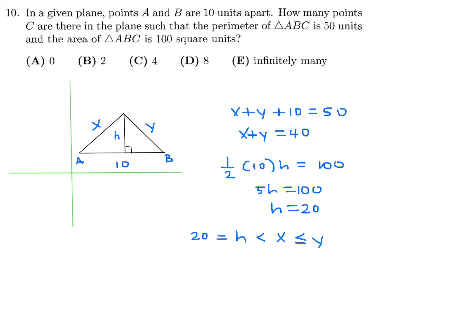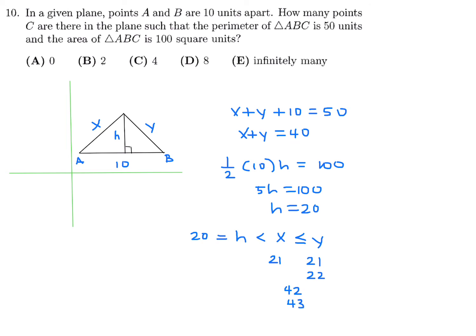If x is greater than 20 and y is greater than or equal to x, there's no way we could get x plus y equal to 40. For example, if h is 20 and x is greater than that, let's say it's 21. If y is greater than or equal to x, it could be 21 or it could be 22. And when you add x plus y, you're going to get numbers that are always greater than 40.